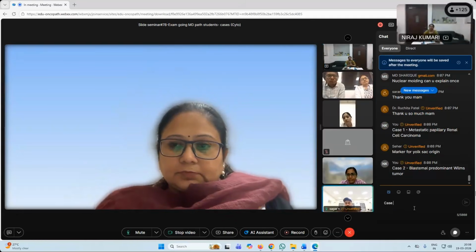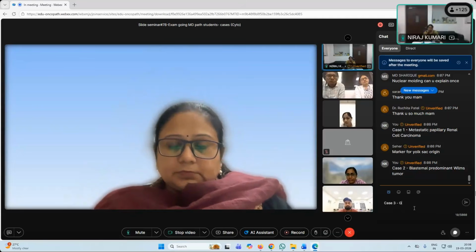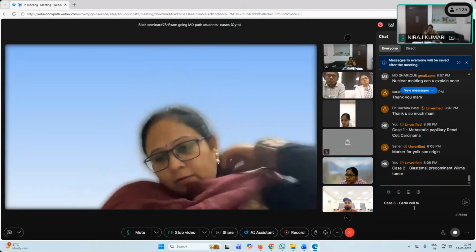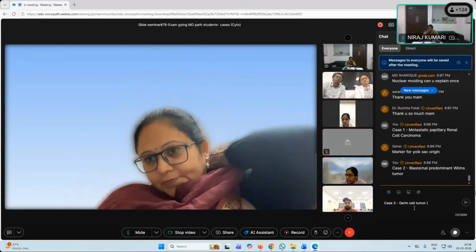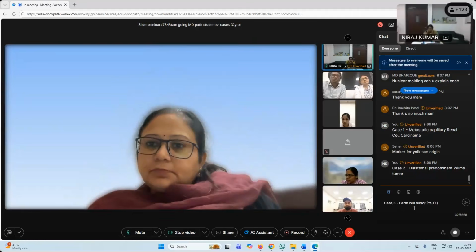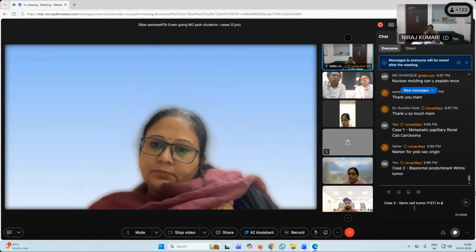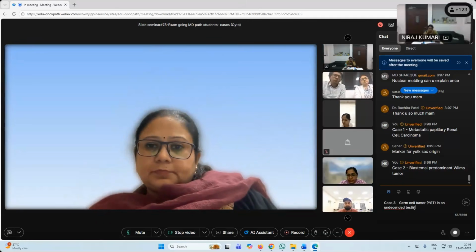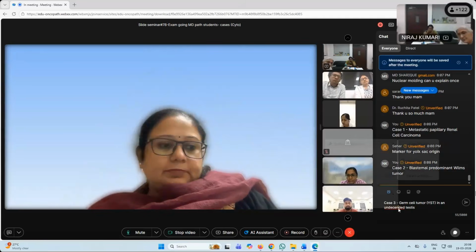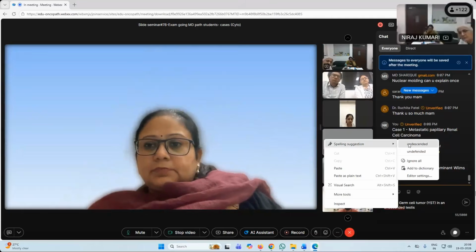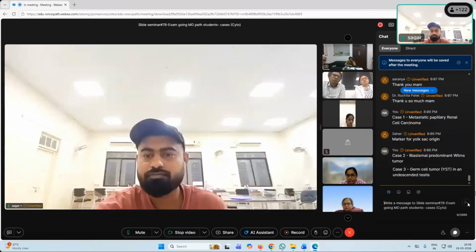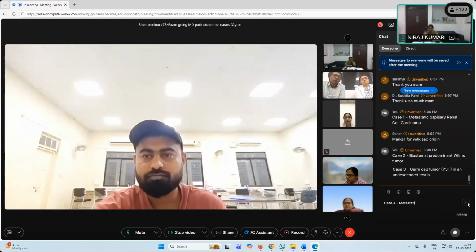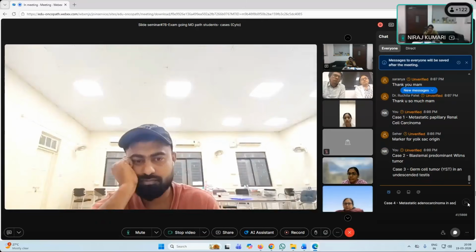So case 3 is a germ cell tumor, yolk sac, in a cryptorchid testis or in an undescended testis. Case 4 is a metastatic adenocarcinoma in ascitic fluid.